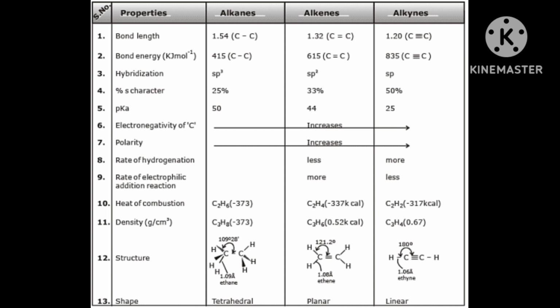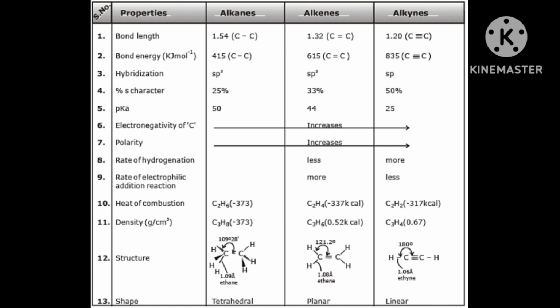Okay, the reddish orange color of a solution of bromine in carbon tetrachloride is decolorized. This is used as a test of unsaturation. Already in the last class I have discussed it. Bromine color is reddish orange.